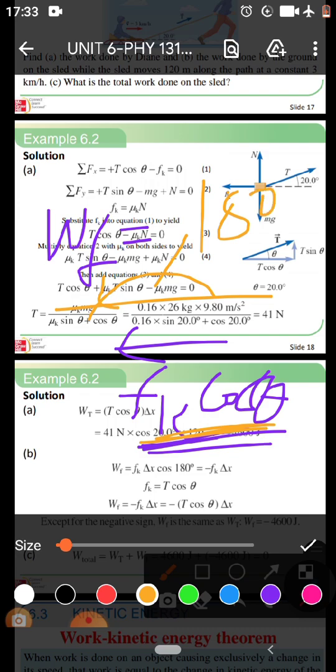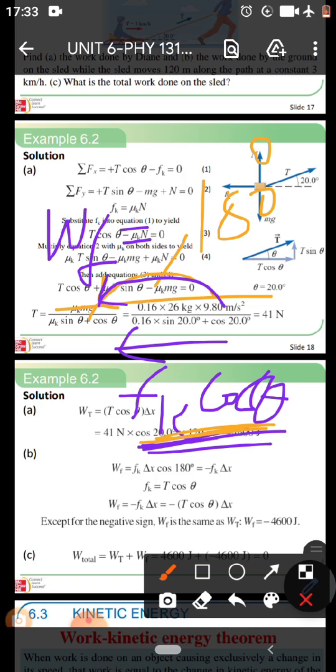I'll say it's always 180 degrees, because we're talking about the force applied by the ground. So this is why we have 180 here, and then cosine 180 is -1, so this reduces to this equation.